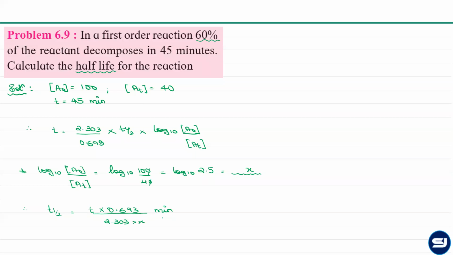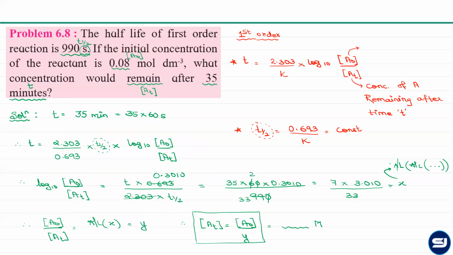Understood? Yes, sir. So can we just go back to the previous one and can we solve that antilog bit? Okay, tell me the values for the logs then. This will be 0 point, 0 point and 1 point.